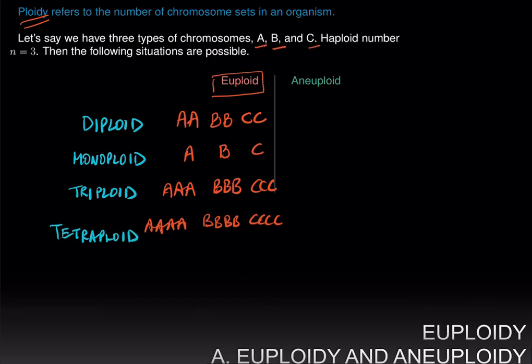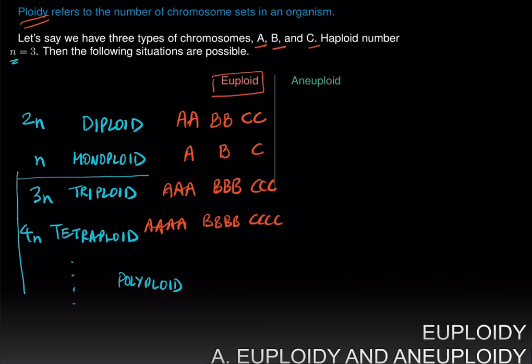And one could write this in terms of the haploid number of chromosomes n. So this would be 2n, n, 3n, 4n, and so on. And having more than 2 sets, this situation is called polyploid.